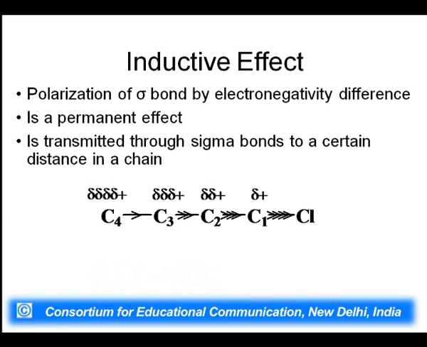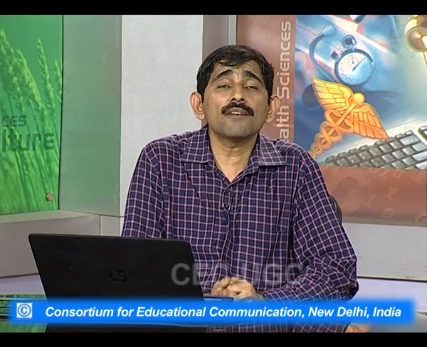So, we can take electrons as money, and chlorine is pulling electrons towards itself. So, it is taking away some money from the C1 carbon. When C1 carbon is left with less money, or less electron density, then what will it do?